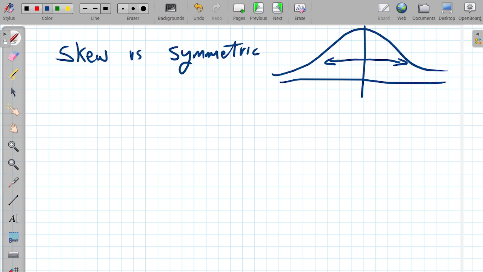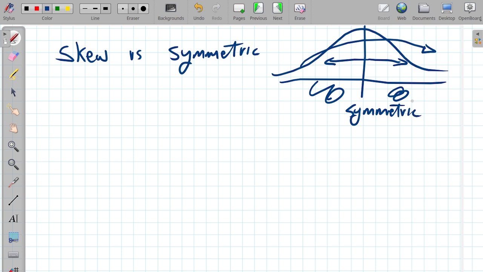So here, the left side over here and the right side are identical. We can fold that branch over here and it'll lay identically on top of the other side.